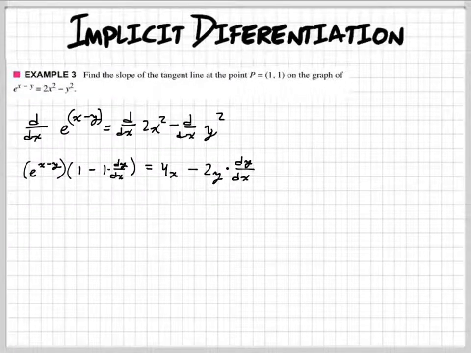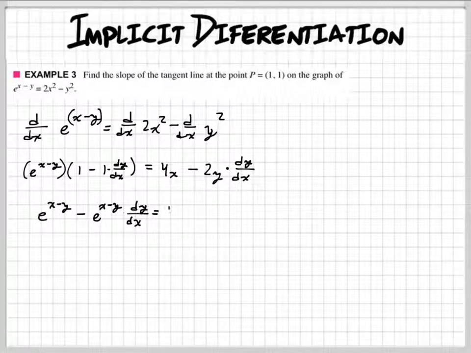So first I'm going to distribute the e to the x minus y across the 1 and the dy over dx. So I get e to the x minus y minus e to the x minus y times dy over dx.